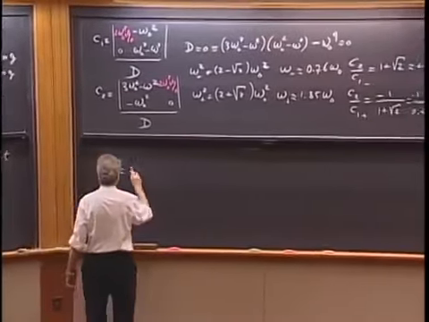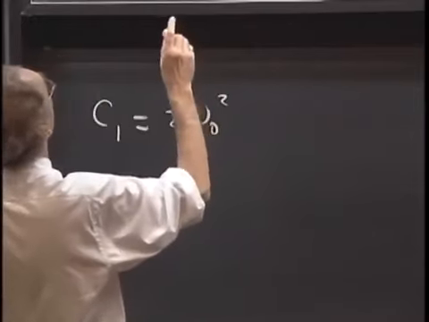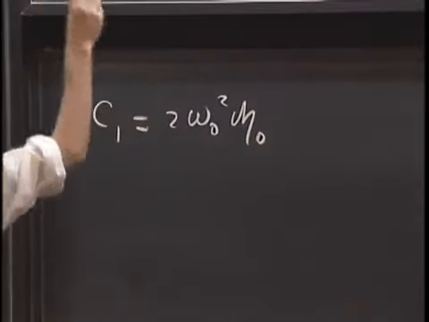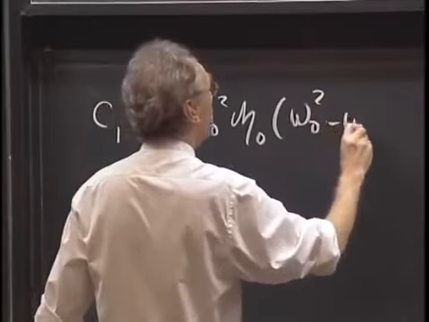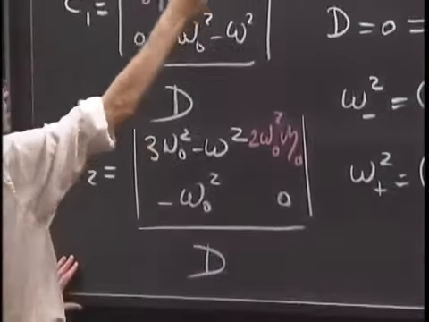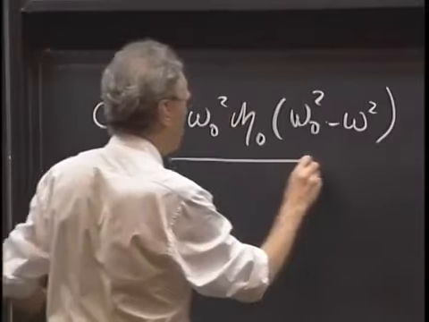So that gives me 2 omega 0 squared times eta 0 times omega 0 squared minus omega squared. That is this diagonal, and this one is 0. And I have to divide that by d.